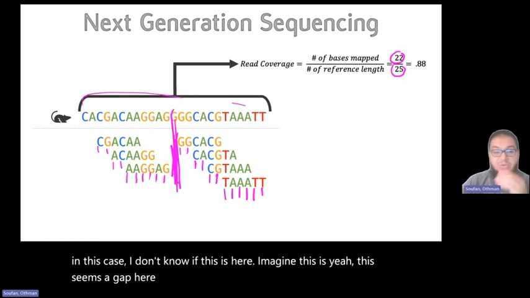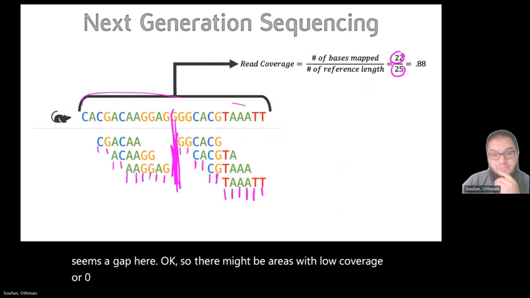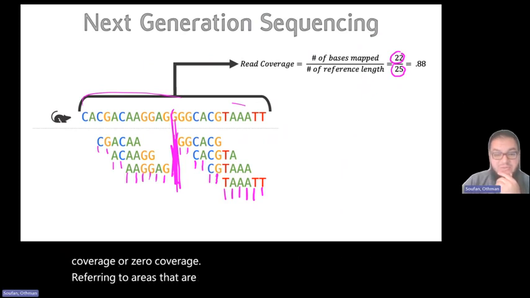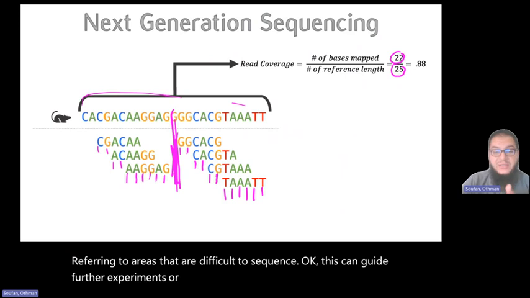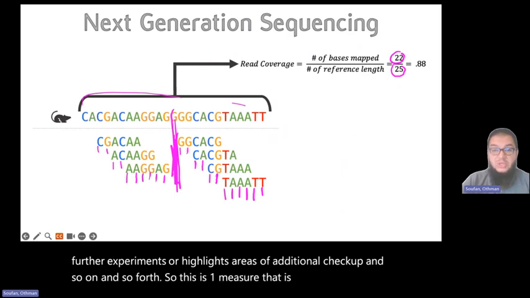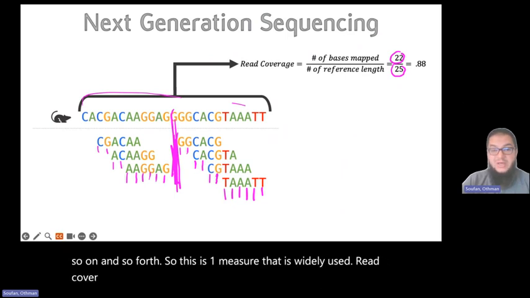Areas with low or zero coverage refer to areas that are difficult to sequence. This can guide further experiments or highlight areas for additional checks. So this is one measure that is widely used, read coverage in next generation sequencing.